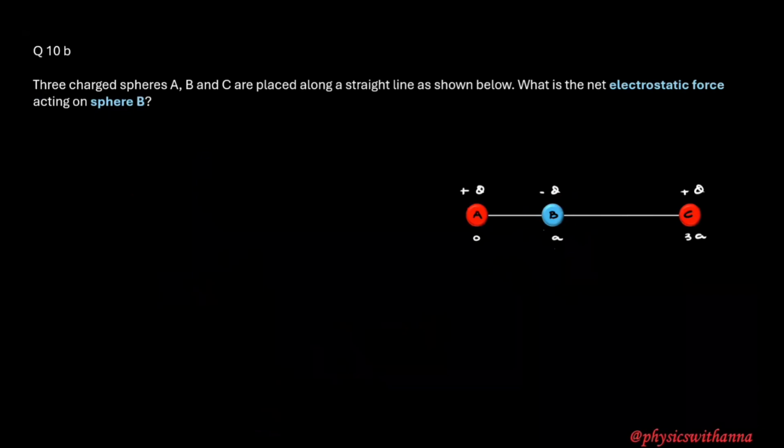So again, we start by describing the direction of force on sphere B because of A and C. Since B is negatively charged and A is positively charged, B will be attracted towards A. So we will call this force on B because of A, FAB. C is also a positive charge, so B will be attracted to C as well.